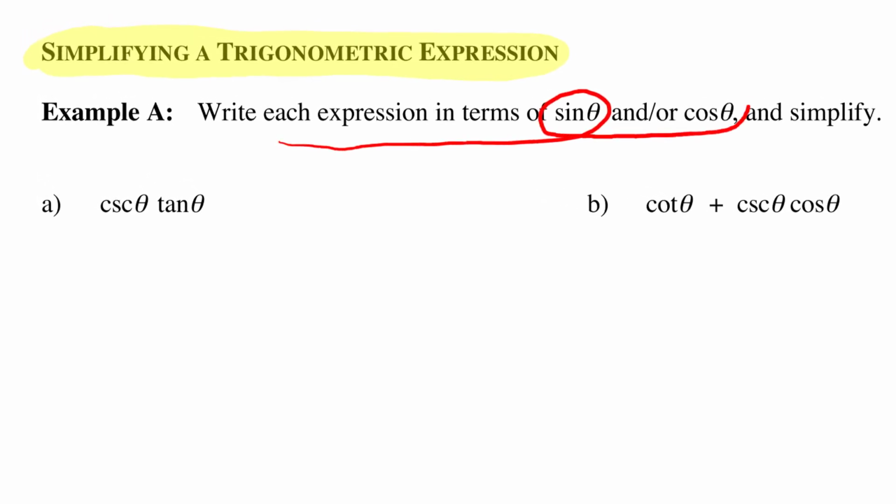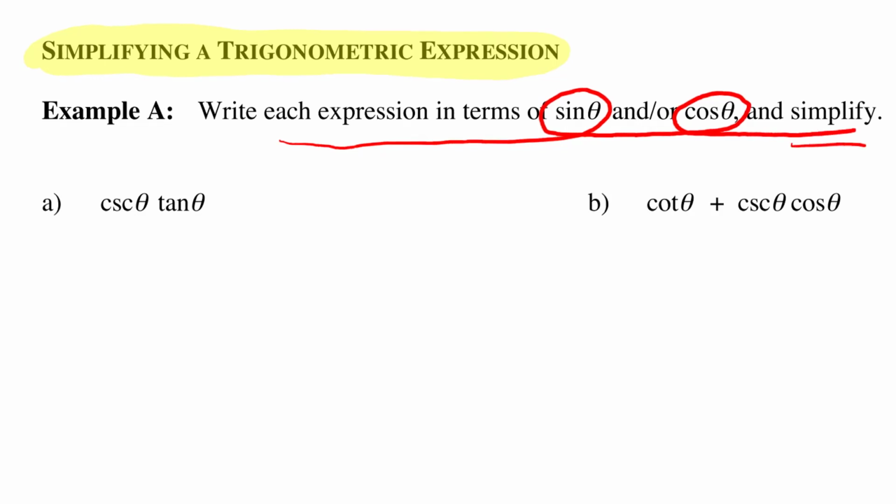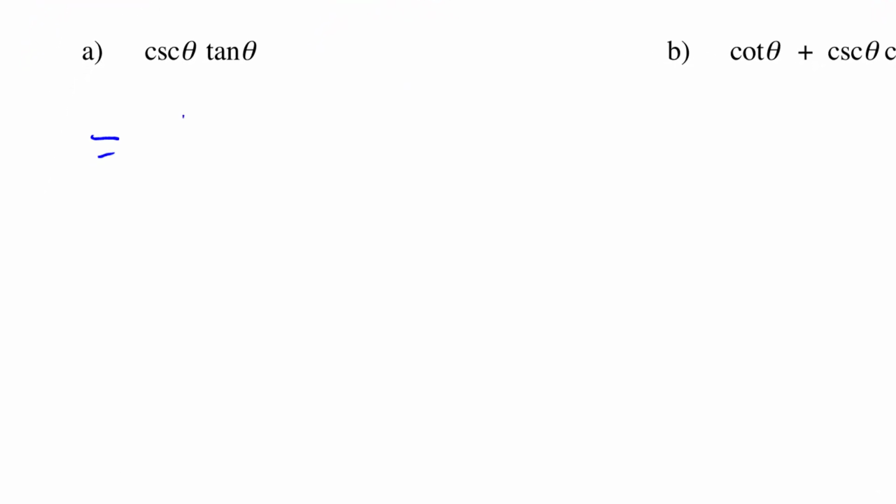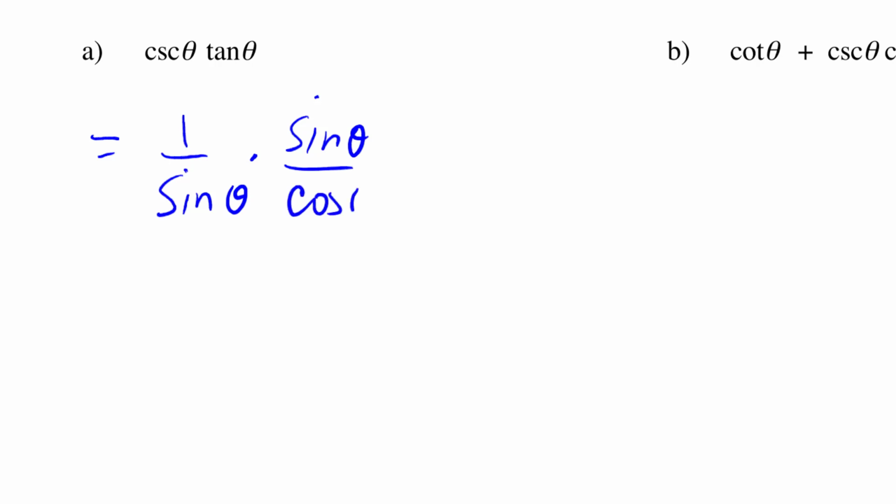What that means is we're going to start by writing each expression in terms of sine theta and cosine theta, and then we're going to simplify. For example, here we have cosecant theta times tangent theta, and cosecant is 1 over sine. Tangent theta is sine theta over cosine theta. And we can divide out the sine theta.